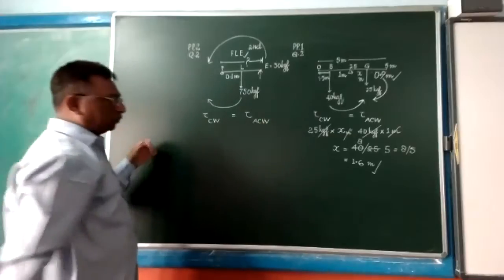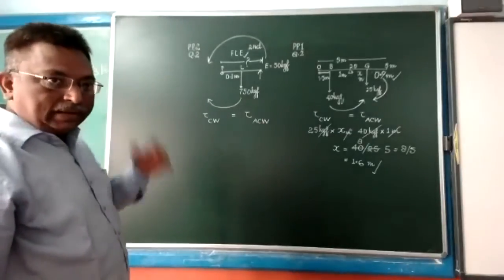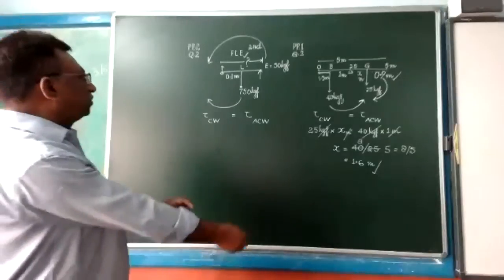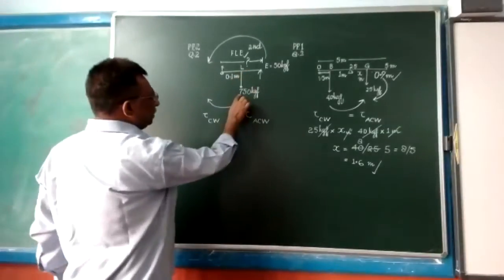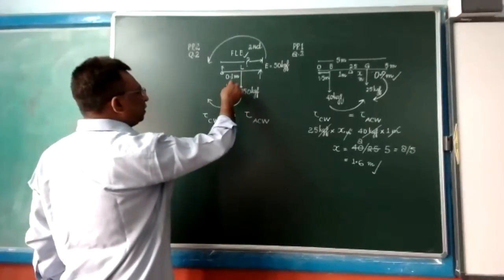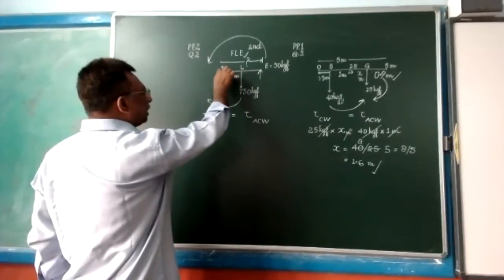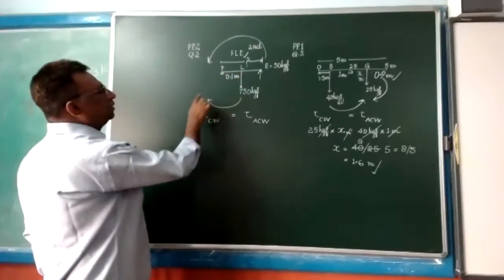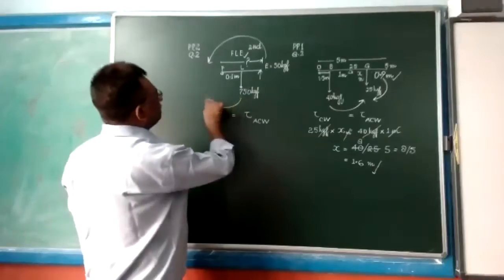Clear? It is the principle of lever. So this 750 kg of load will rotate the lever about this fulcrum in this direction. It is in clockwise sense.